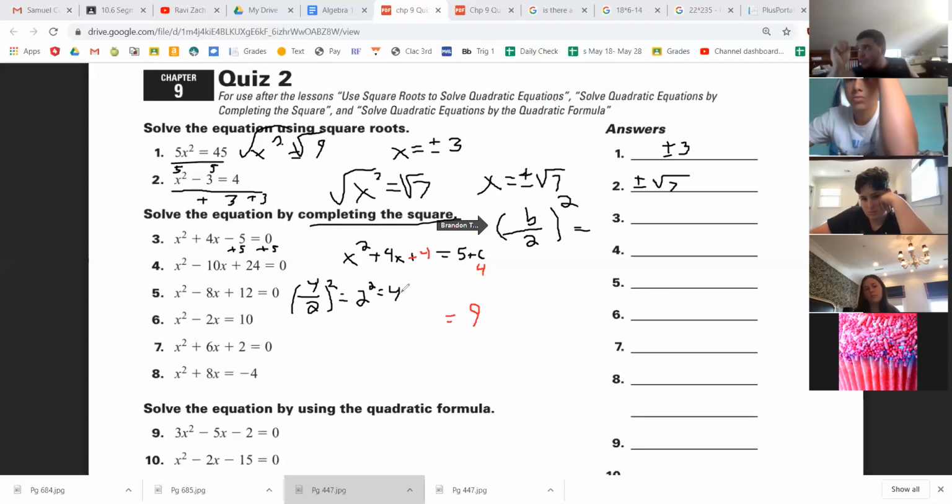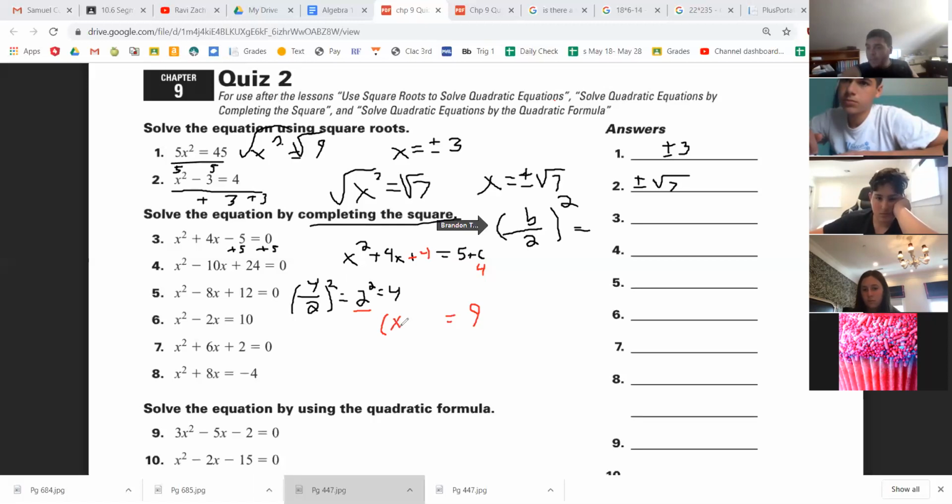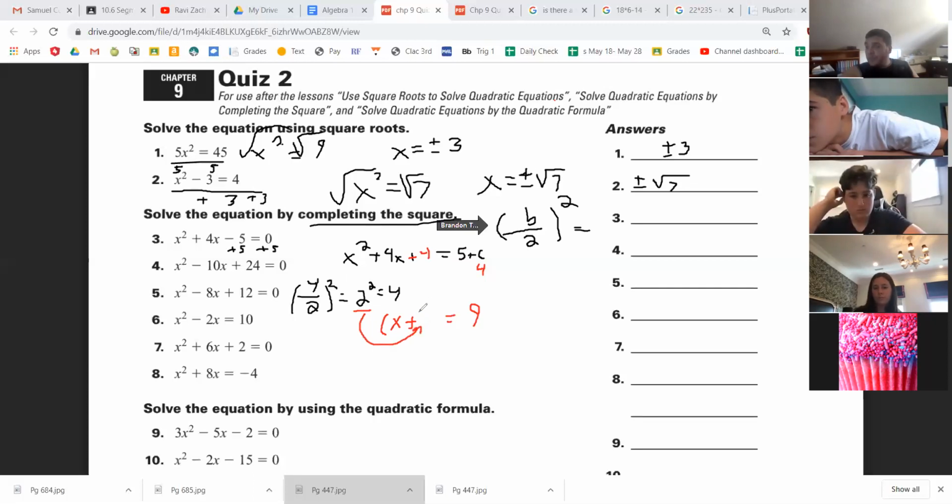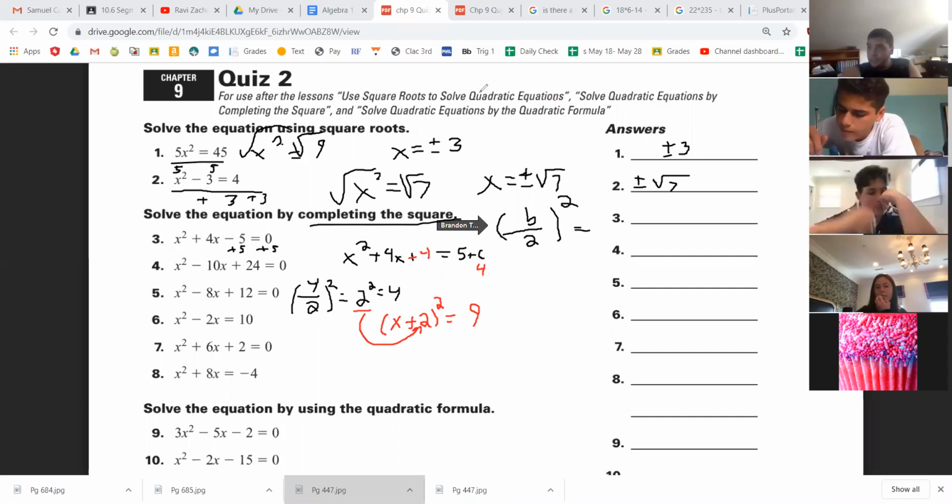What is always going to reduce to, and this is pretty important, is x plus whatever number is b divided by 2. So whatever number you found here before you squared is going to go in here. So this is going to be x plus 2, parenthesis closed, squared. That will always happen. Make your life easier by knowing that it will always happen like that.